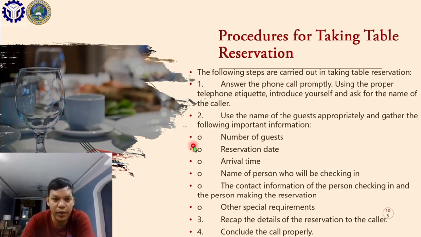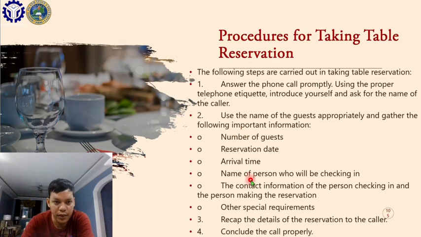First, as you can observe in the video, they answered the phone call promptly. She did not wait for a long time. So she picked up the phone call promptly, using proper telephone etiquette. What the actress did is she introduced herself and asked for the name of the caller.